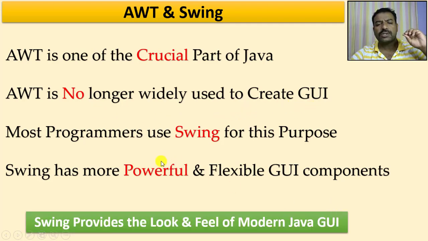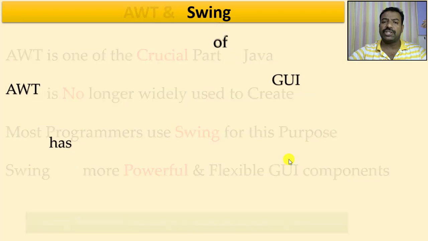Because of the power and flexibility of the GUI components, we can say Swing provides the look and feel of a modern Java GUI. Whatever modern GUI you are seeing is due to the Swing we have in the application.